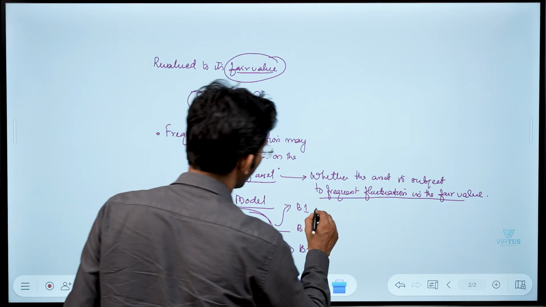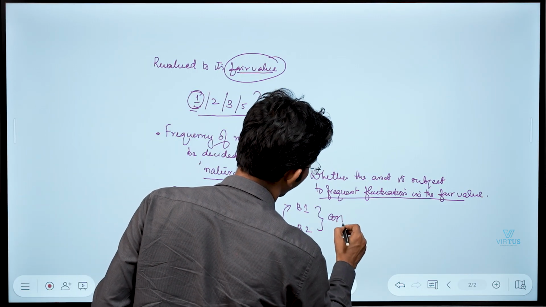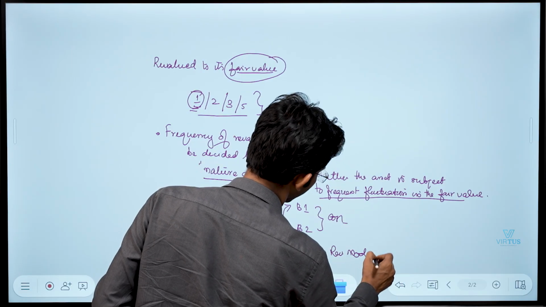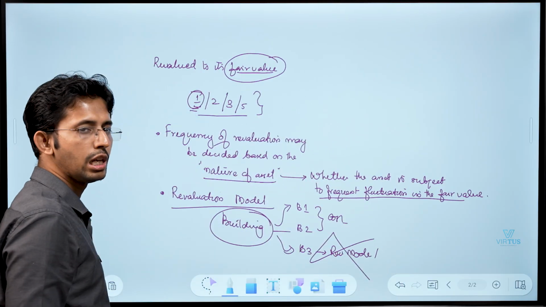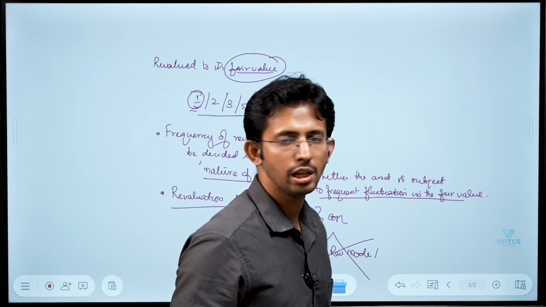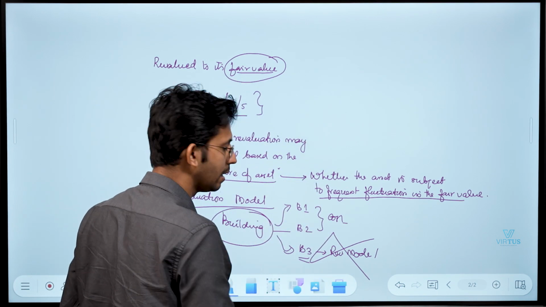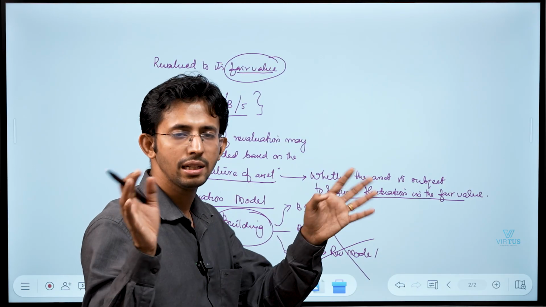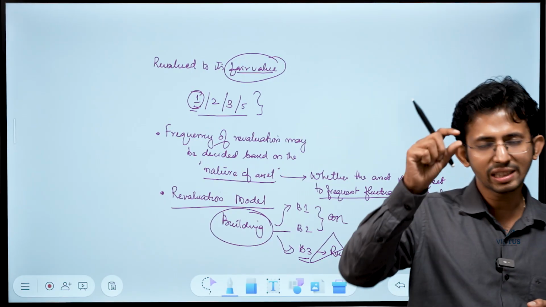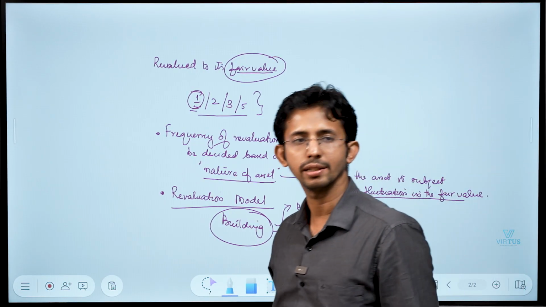Can you say that 1 and 2 will fall under the cost model and 3 will fall under the revaluation model? This is not permitted. If you are following the cost model for 1 and 2, the third one should also be in the cost model. If you follow the revaluation model for B3, then B1 and B2 also should be under the revaluation model. So selective application of the revaluation model within a class of asset is not permitted.